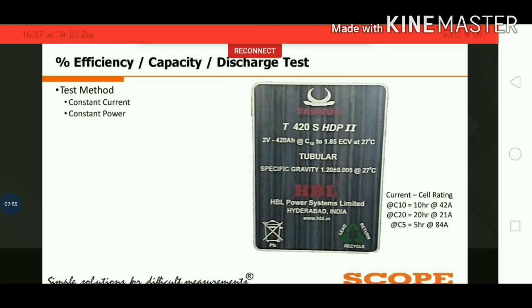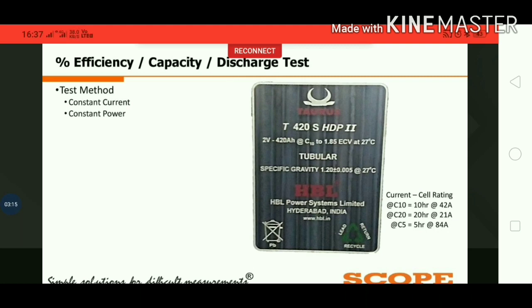We have 2 volt cell voltage, the total battery bank capacity is 420 ampere hour, the battery type is C10, that is, the rated discharge time is 10 hours, and the ECV is 1.85 volt.